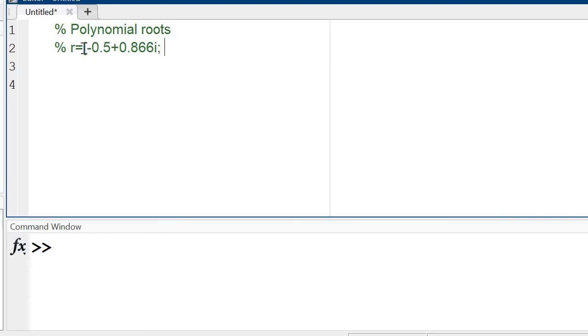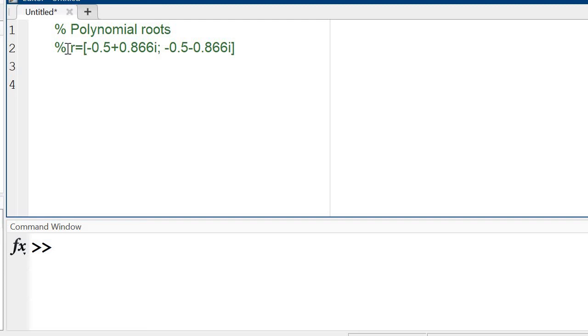Use the semicolon. Then after that minus 0.5, next root plus 0.866 iota, and close this bracket. This is our root.